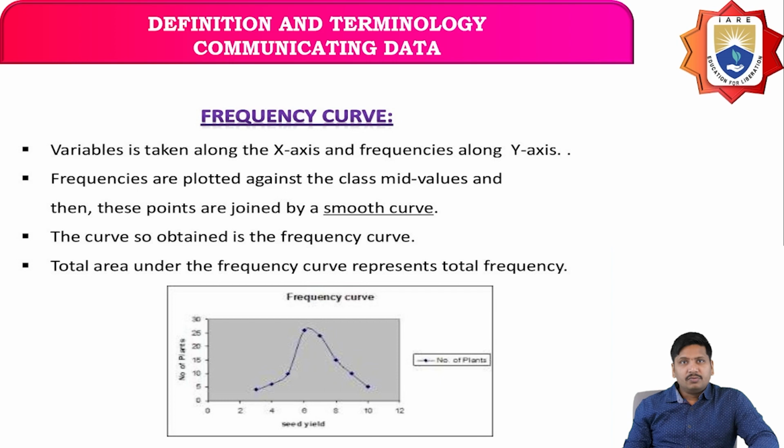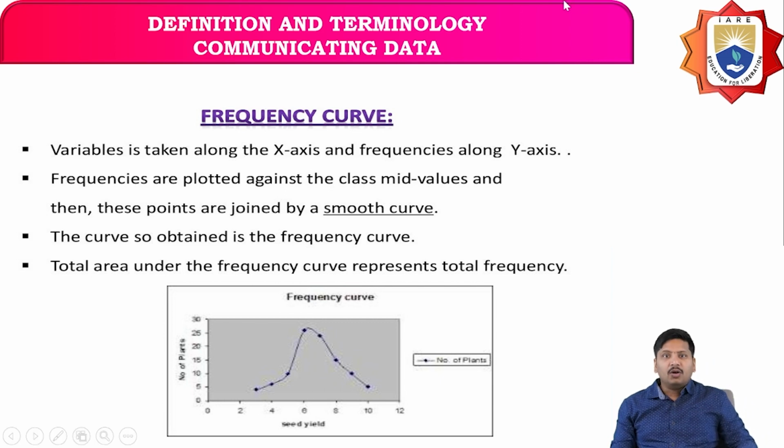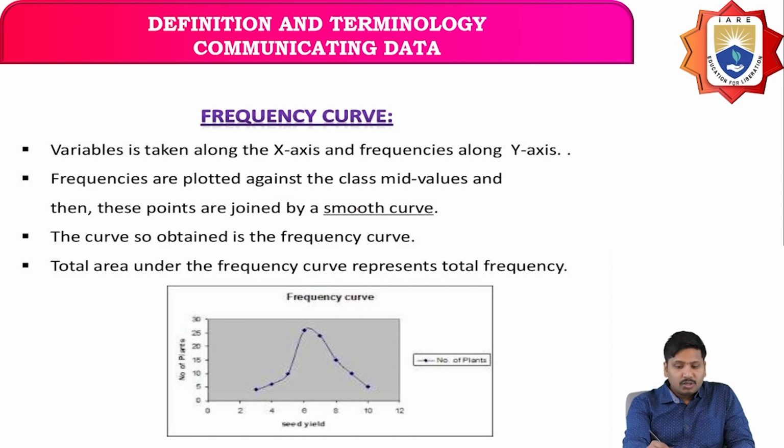And the frequency curve. How can the frequency curve be obtained? The variable is taken along the x-axis and frequencies along the y-axis. These frequencies are plotted against the class mid values, and the points are joined by a smooth curve.